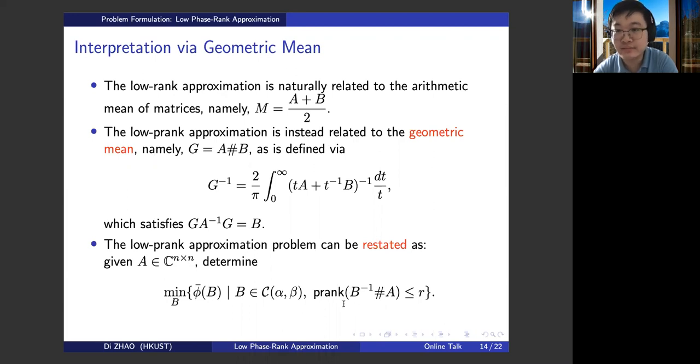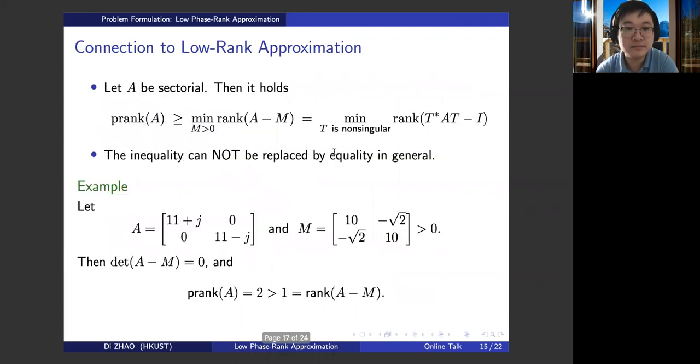This is a nice parallel, or counterpart, to the low rank approximation, which is formulated in terms of the arithmetic mean. So we got another parallel, and this is good for us to understand the problem.